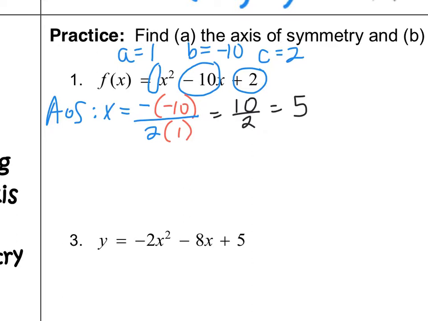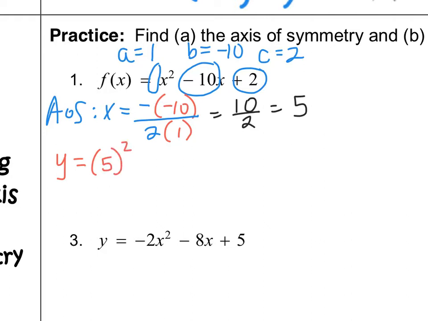That x equals 5 means that that is also the x value of my vertex. If I know that this is the x value of my vertex, I can plug this in as x to my original quadratic function and solve it for y, and I will have the y value of my vertex. So y equals, then instead of x, we're going to put a 5.